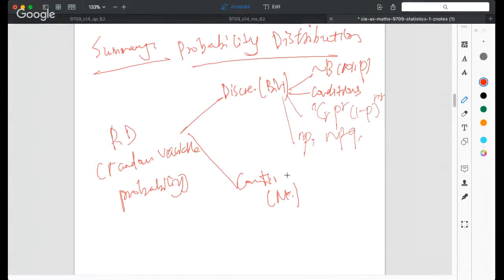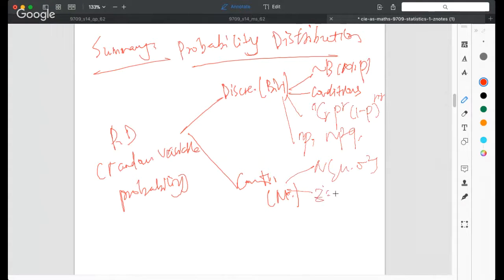What about normal distribution? We learned that it follows something like N(mu, sigma squared), which is mean and variance. And we also talked about the standardization, because it's very important for using the normal distribution table. In order to use the table, we have to convert to z.